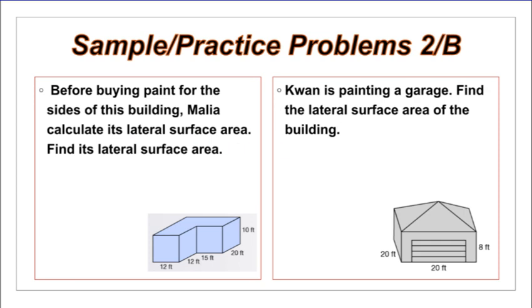Next one, before buying paint for the sides of this building, Leah calculates its lateral surface area. Find the lateral surface area. Okay, so let's find the perimeter of the base. We'll use this top part here.